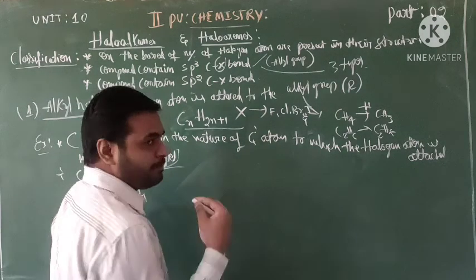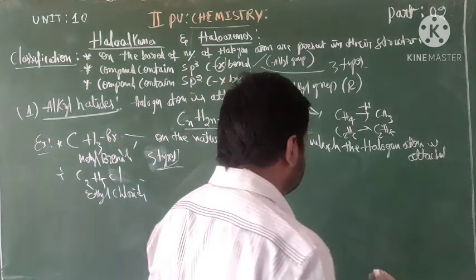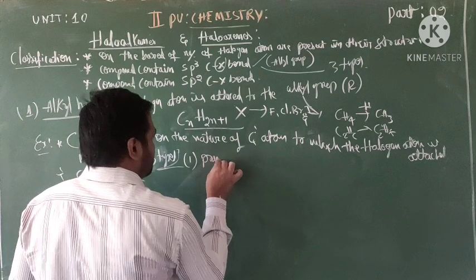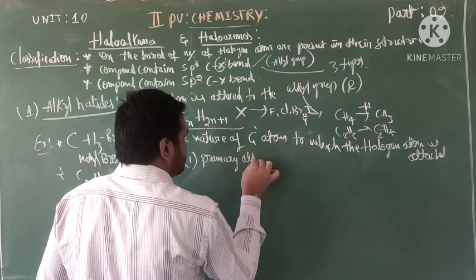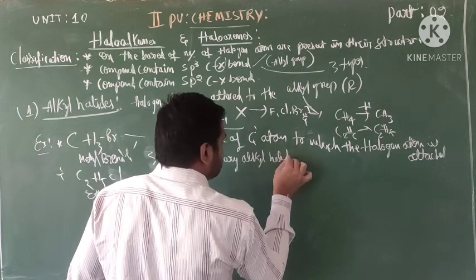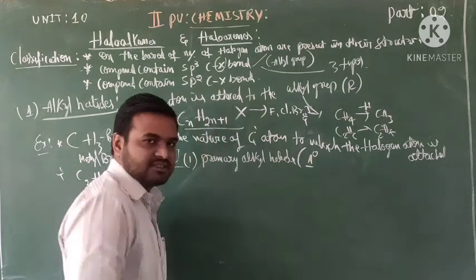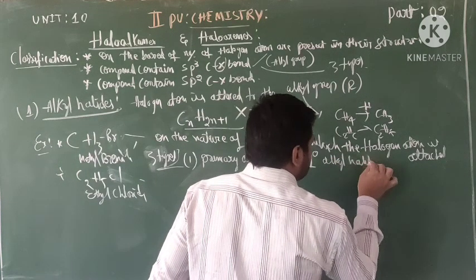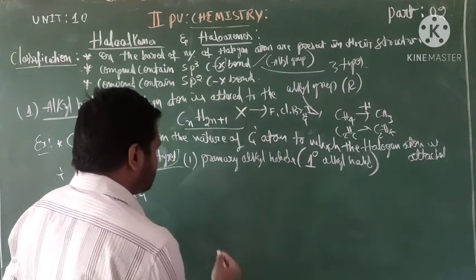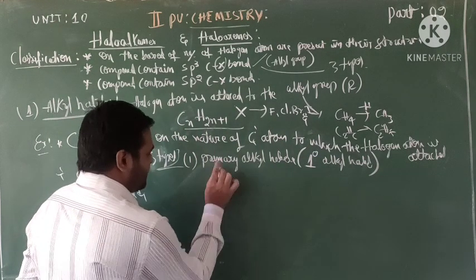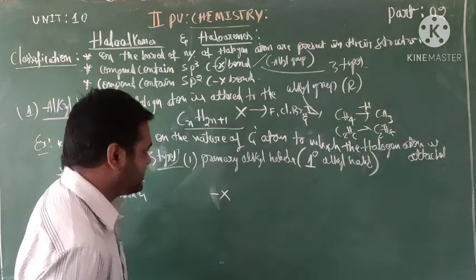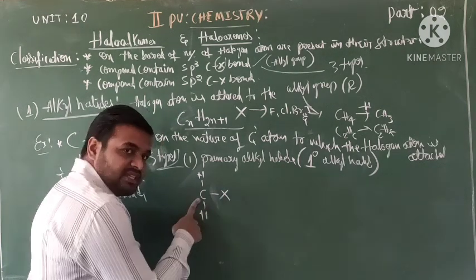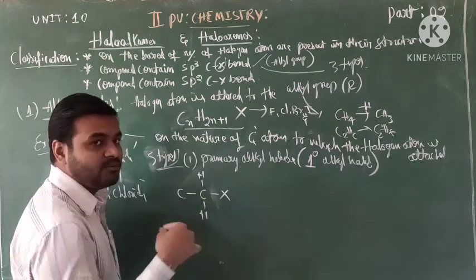The first one is primary alkyl halides. What is its definition? See this example of the general representation. The halogen is attached to a carbon which is attached to one more carbon atom.